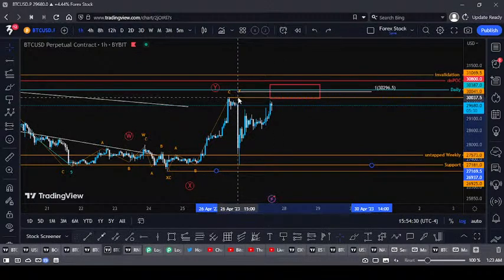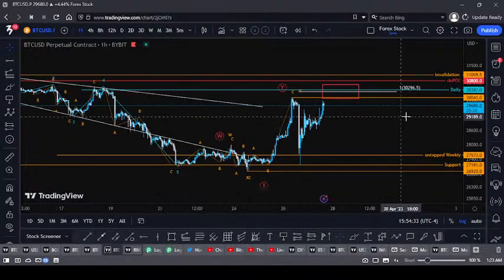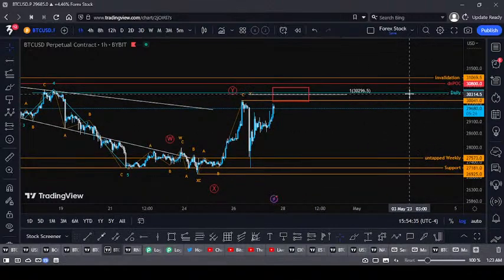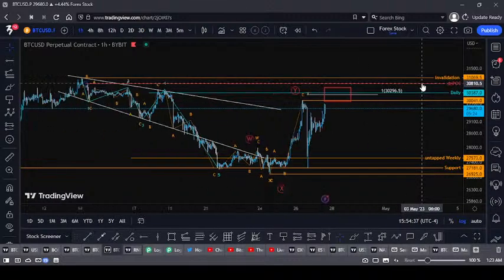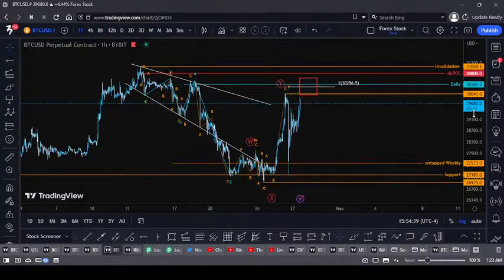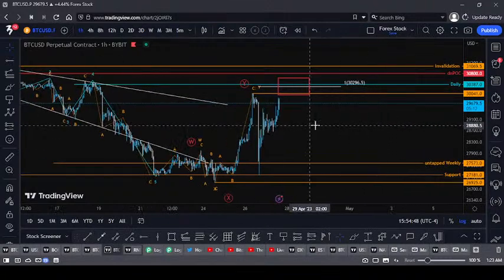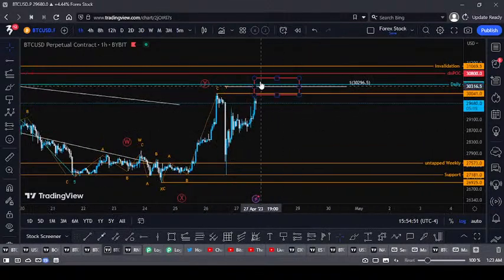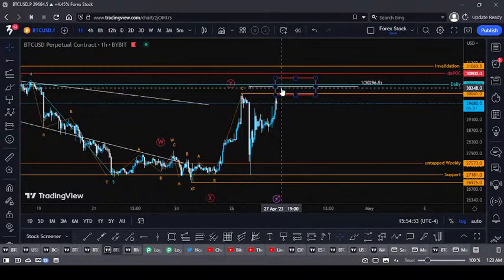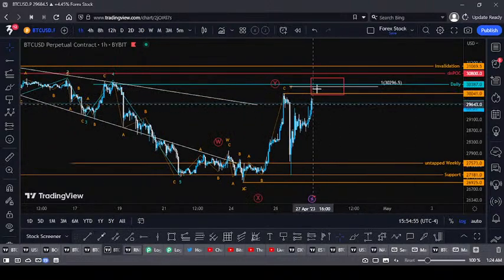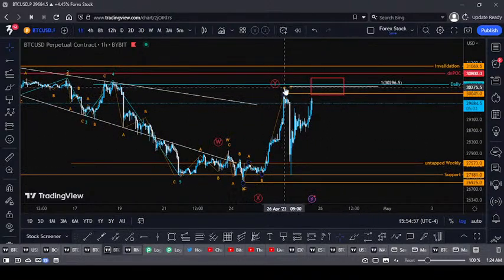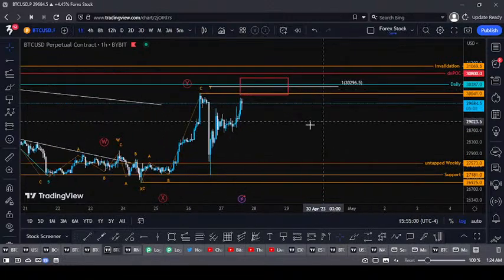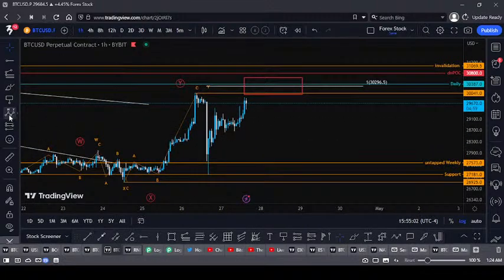that we have a daily supply zone here having a DNPOC as well, but still it will be a lower high if we go there to tap the DNPOC that has been untapped, and that is our daily level here. So most probably there are high chances that we can tap this liquidity area, daily level, 1 extension, and then we move down in terms of a three-wave structure, like I'm going to show you once again.